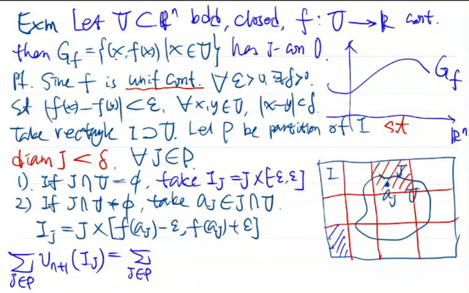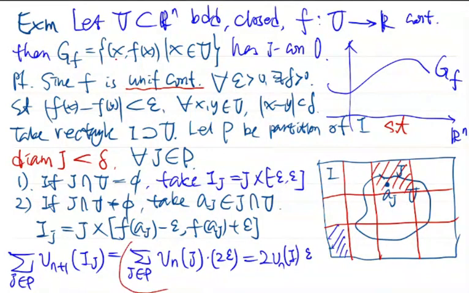The length of the interval is 2 epsilon. So this is the n-dimensional volume of J times 2 epsilon, equal to 2 v(J) epsilon. Here, the total volume of all the J is precisely the volume of I. So we obtain the volume of I and then 2 epsilon. So we conclude that the total volume of these rectangles is a constant multiplied by epsilon.